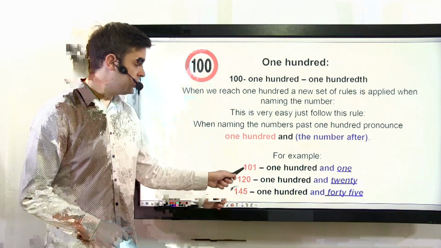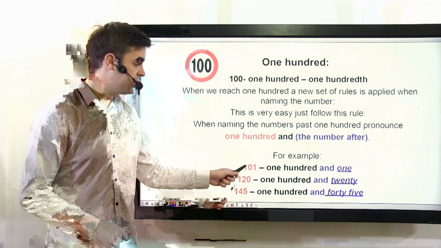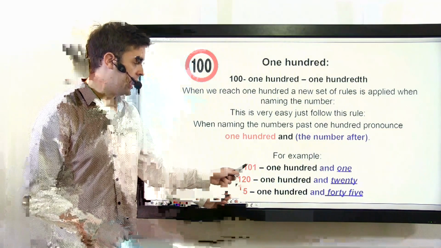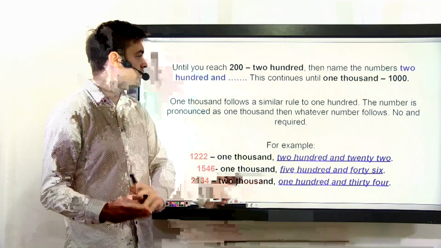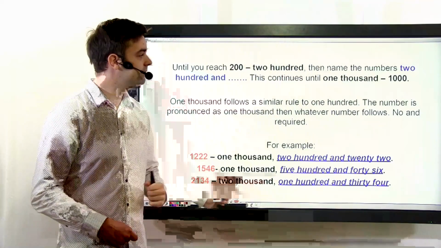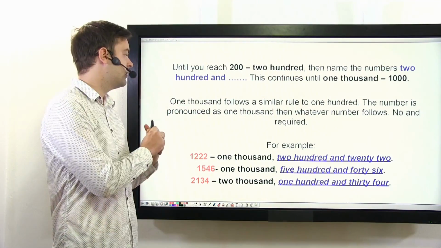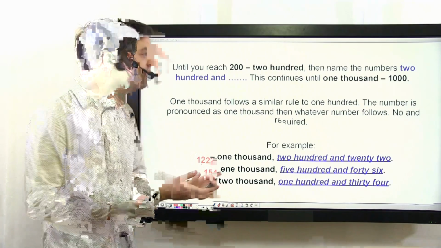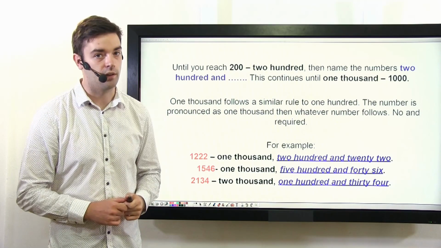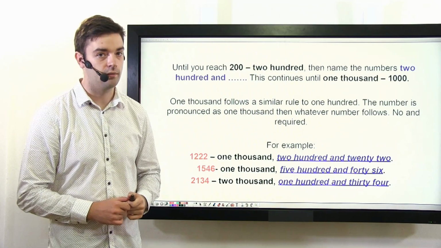So 100 and, this is until we reach 200. Then the numbers turn to 200 and 1, 201, and 40.